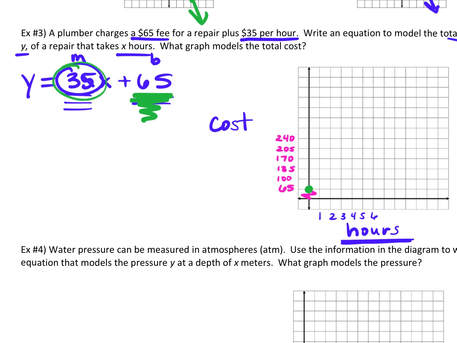And then my slope is up 35 over 1, right? So I'm going to go up 35 over 1, up 35 over 1, up 35 over 1. So I end up with this lovely line like that. Okay? You don't have to do it that way. You could absolutely do it this way.